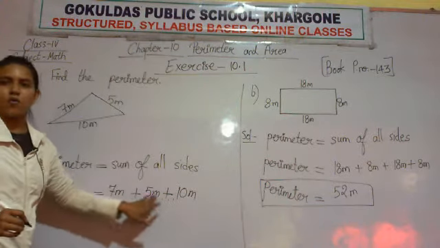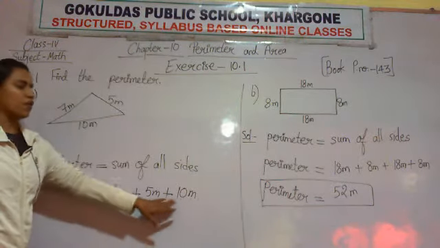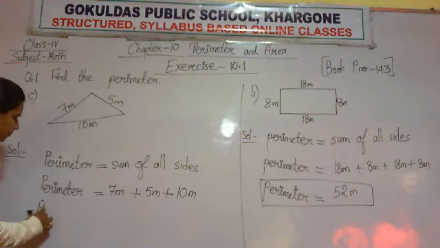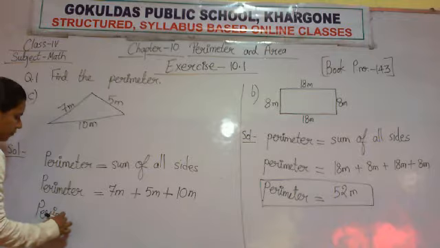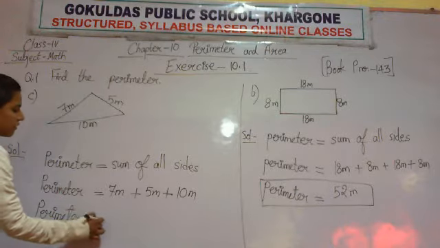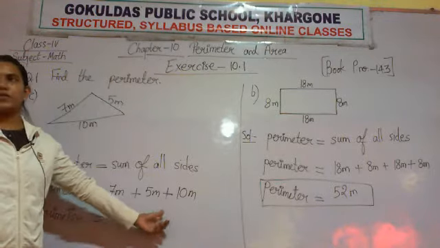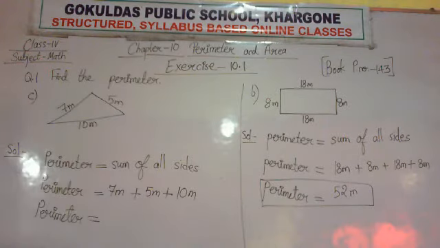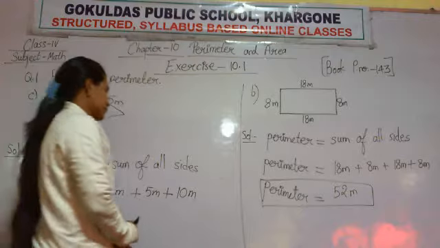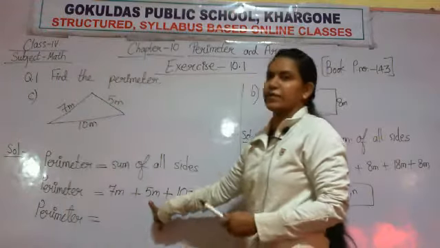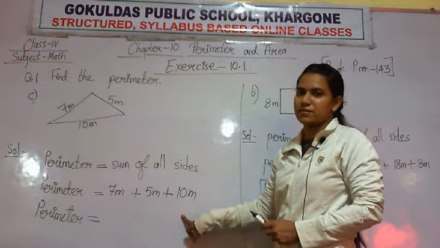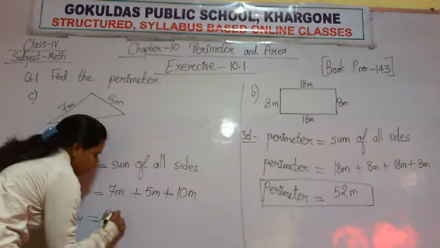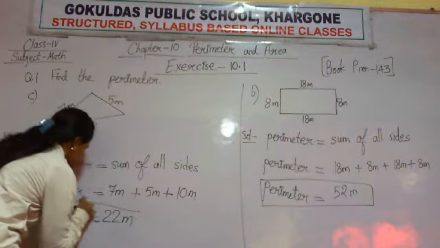We have written the values for all three sides, right? Now find the sum. So perimeter equals to, add all three numbers. In rough work, add them. 7 plus 5 is 12 and 12 plus 10 is 22. So our perimeter is 22 meter.